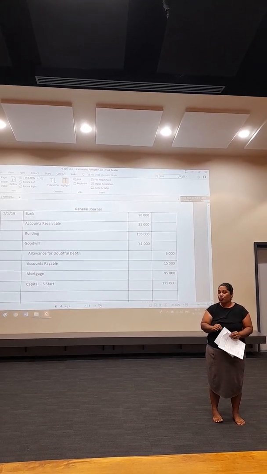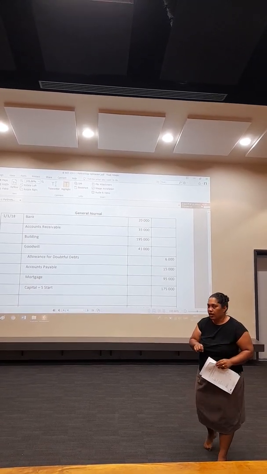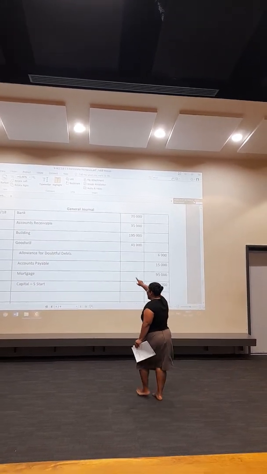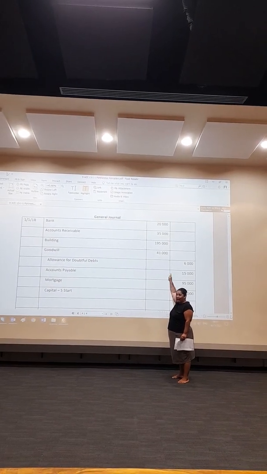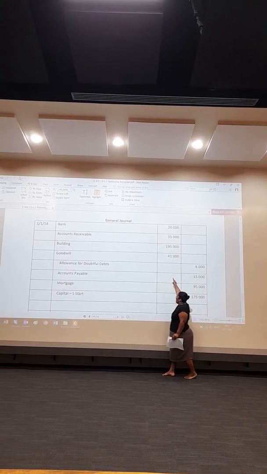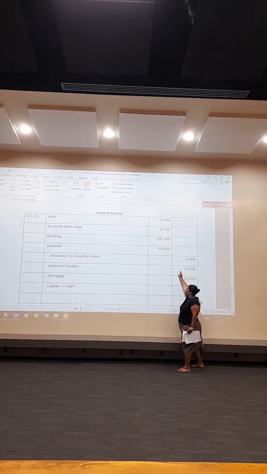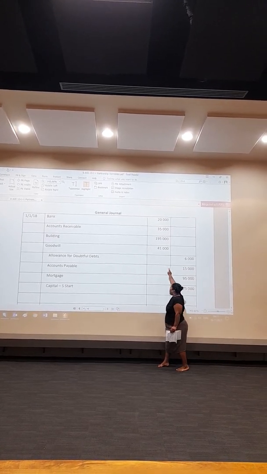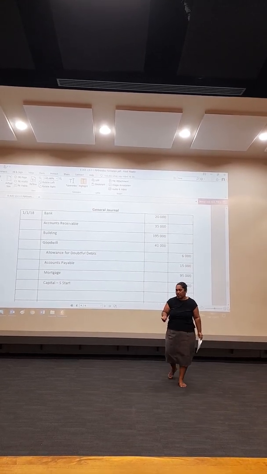So his accounts receivable will be valued at $29,000. Now, you do not change the 35 directly to 29. In order to make it 29, we have the allowance for doubtful debts of $6,000. So if you take 35 minus the 6, that is $29,000.